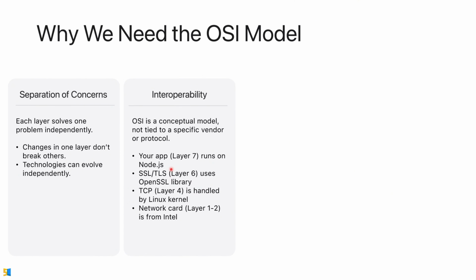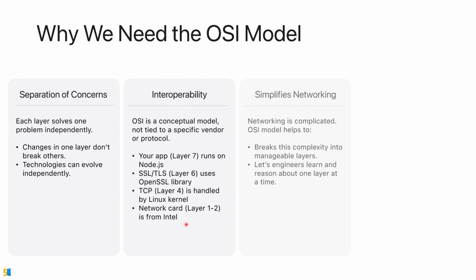We can use any kind of kernel, Linux, Windows, or Mac, and it will be handled by its TCP implementation. We can have different network cards. It doesn't matter what the vendor or protocol is. It will work. It can still be logically compared because OSI is a conceptual model.